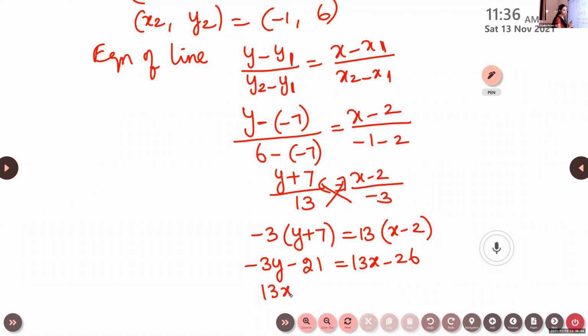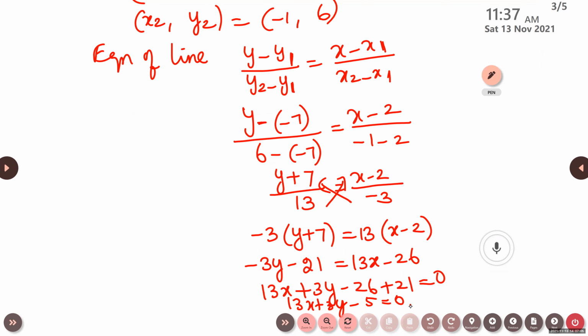13x. Okay, we want to write in general form. That is why we are writing like this. X term, then y term, then constant term. 13x plus 3y. Adidev, is it correct? Yes, ma'am.